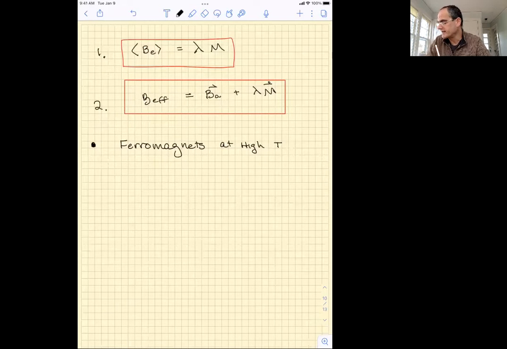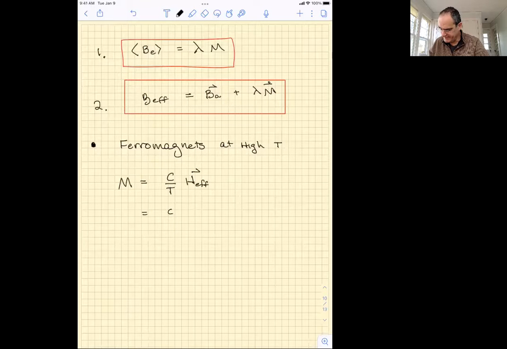So what we expect is that at high temperature, our ferromagnet will behave as a paramagnet, so that we can write magnetization is equal to a Curie constant divided by temperature times an effective H field. The behavior we expect for a paramagnet.